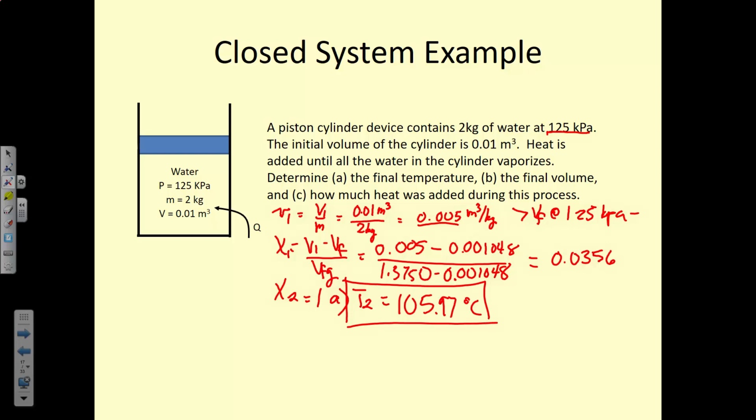So when it's free to expand, as in a piston cylinder device, and the pressure is not constrained, then the temperature is fixed as well. The pressure and temperature will remain constant until it reaches that saturated vapor point, and then the temperature will start increasing again. But the pressure will still remain the same forever unless something happens to the piston cylinder device.